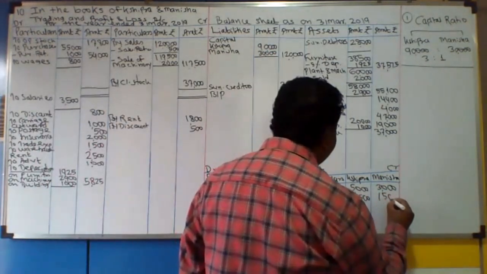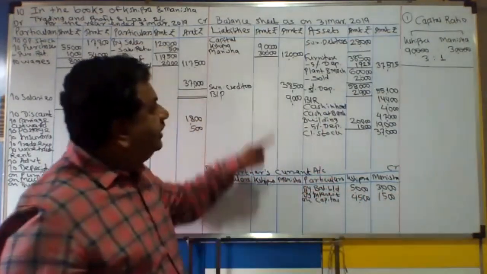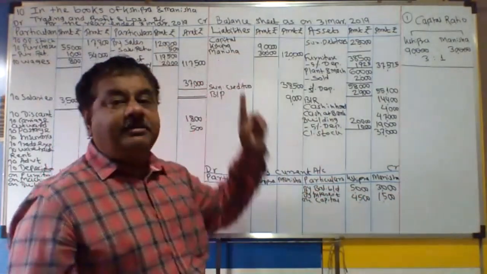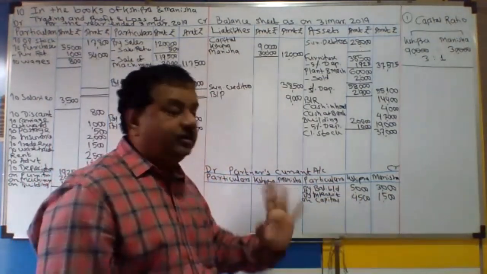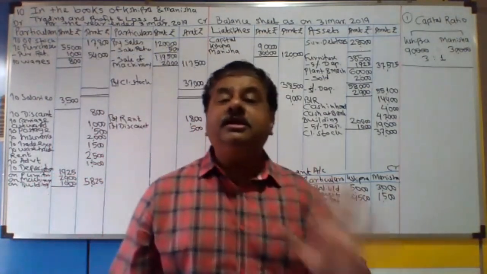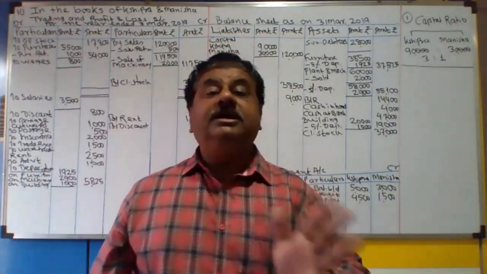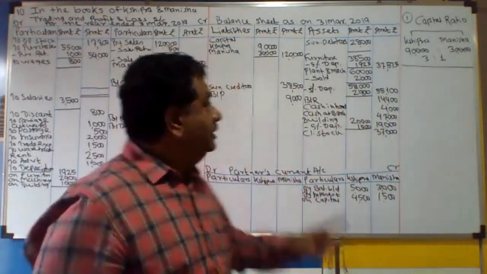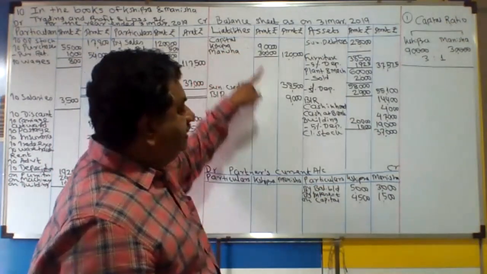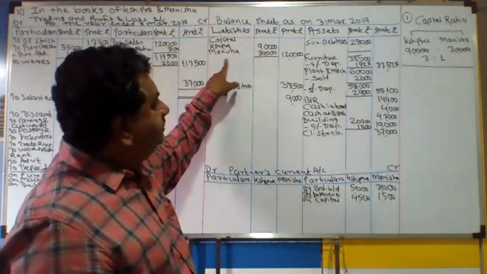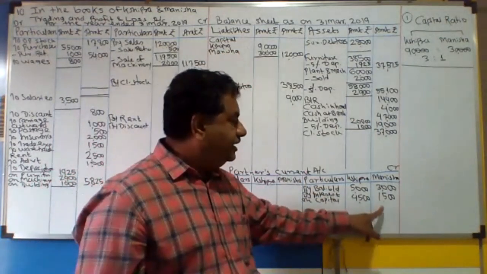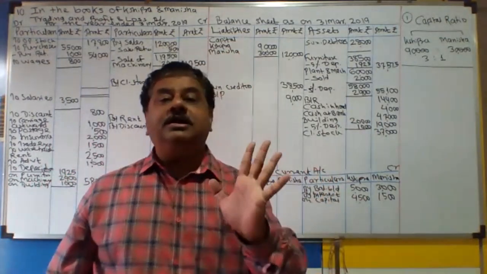Manisha 1,500. 5% on the amount of capital. Remember, on amount of capital, not on amount of current account. Current account के ऊपर interest होता नहीं है. It is on the amount of capital. Okay. So 5% of 90,000, 4,500. 5% of 30,000, 1,500. It is to be recorded to current account credit side.